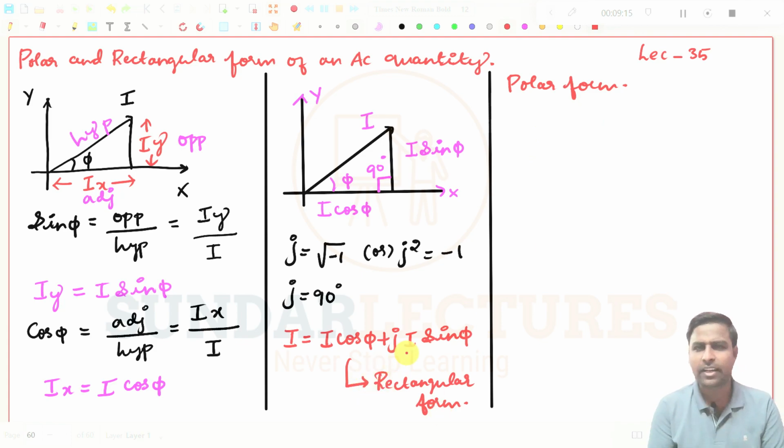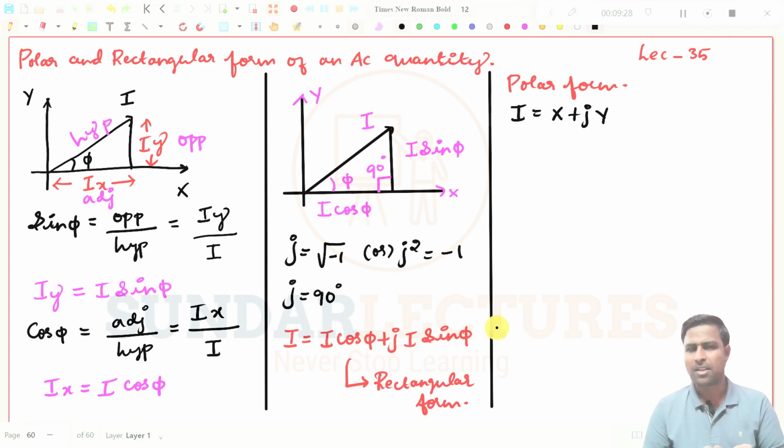What is the rectangular form of writing the I value? In rectangular form, I is equal to x plus j y. I'm just writing this I cos pi plus j I sin pi, taking everything as x and y, right? So this is the rectangular form.